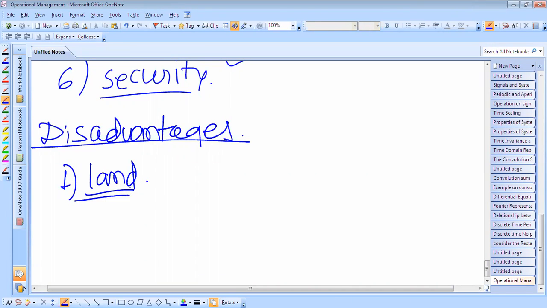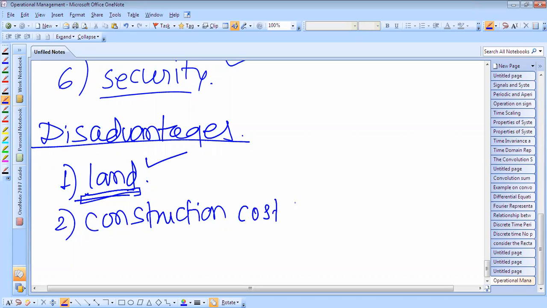The cost of the land is very high, and the area of that land is also very less, as this is in the city. So the area is limited, and therefore the cost of land and building construction is high.